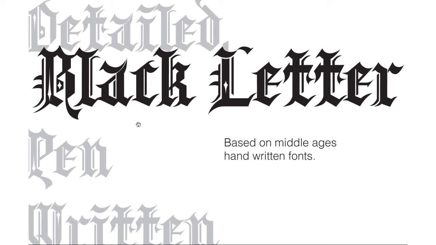Now, jumping in to the more specific actual classifications of type. Basically, the oldest form of typography that we have on record is what we call black letter, or at the very least that's still existing today.